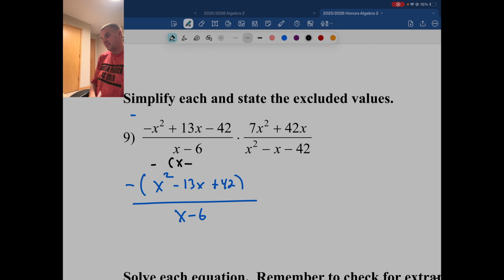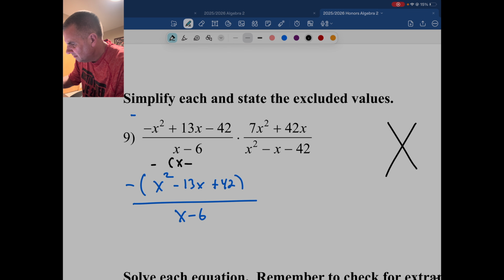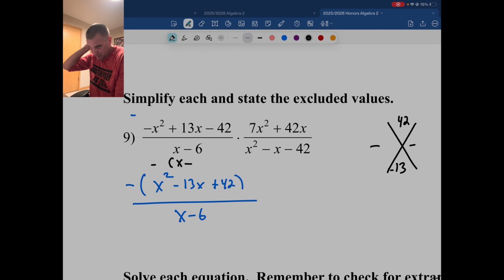Is there anything that factors into that? And 13, negative 13. Both of these have to be negative. Six and 7. 6 and 7 couldn't factor all of a sudden.